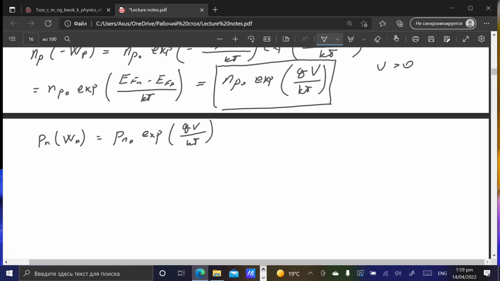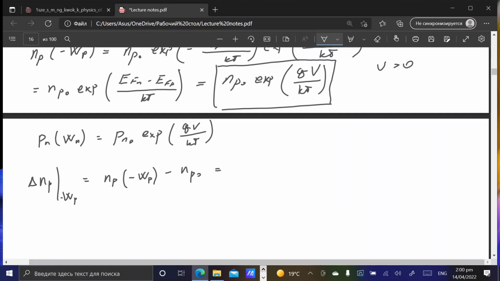So we need to take this total concentration, subtract equilibrium charge carrier concentration, and we will get this delta N. So we can write the delta Np, concentration of excessive non-equilibrium charge carriers, which in this case are injected charge carriers, at this W minus Wp coordinate will be equal to Np, total concentration at this coordinate, minus Np naught, which is equilibrium charge carrier concentration.